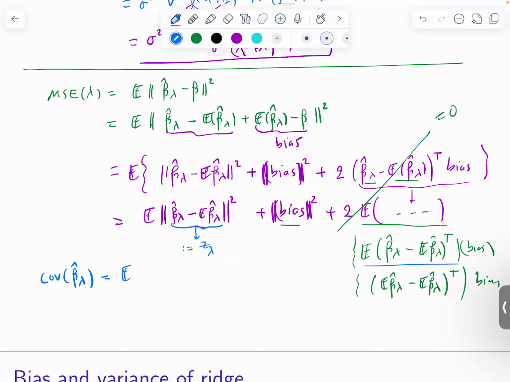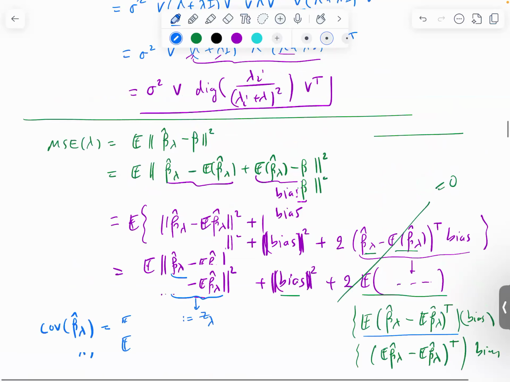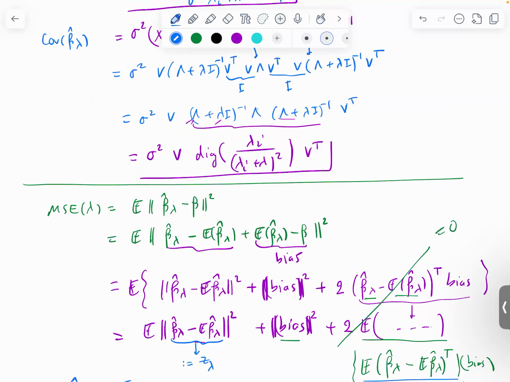Take the value of beta hat lambda minus the expected value of beta hat lambda, transpose. Let me, because there's too many lambdas, say I have a random vector y. I want to compute the covariance of y. Y minus the expected value of y, that whole thing times y minus the expected value of y, transpose. Okay, I'm assuming you mean something like this.